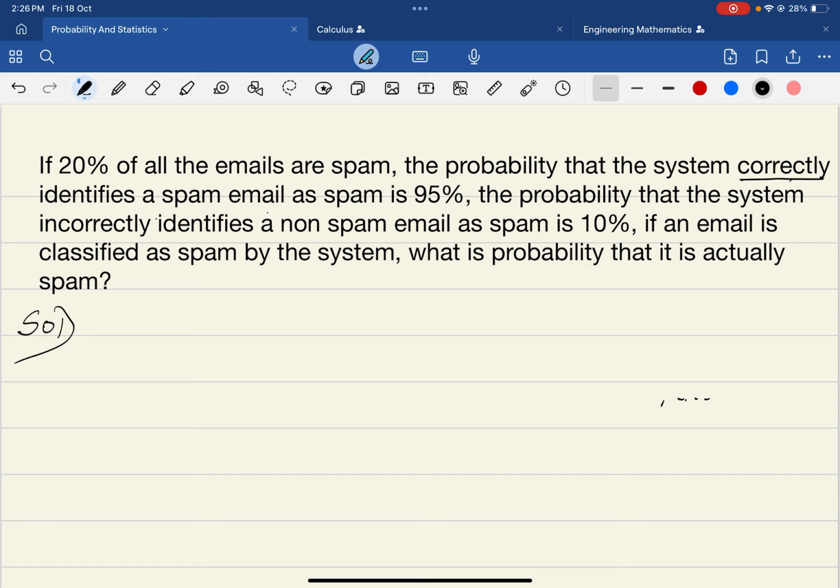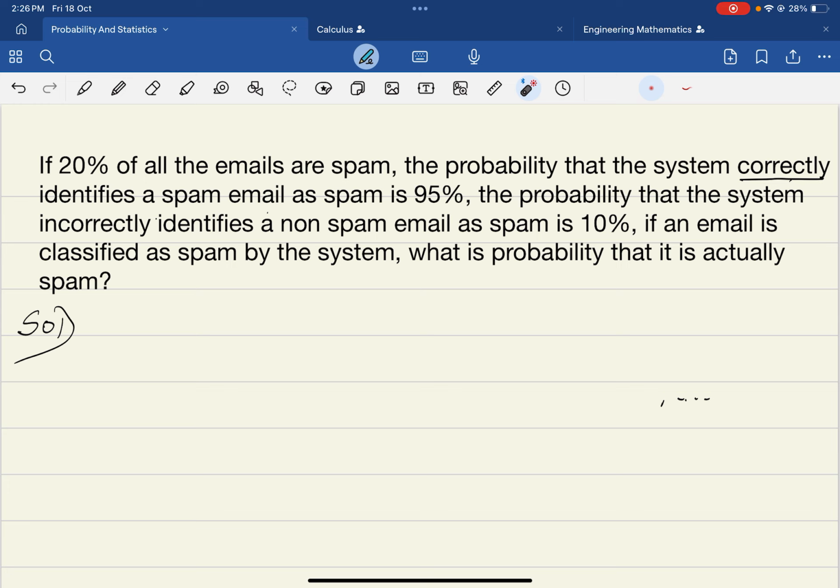If 20%, let us read this question now. 20% of all the emails are spam. The probability that the system correctly identifies a spam email as spam is 95%. The probability that the system incorrectly identifies a non-spam email as spam is 10%.